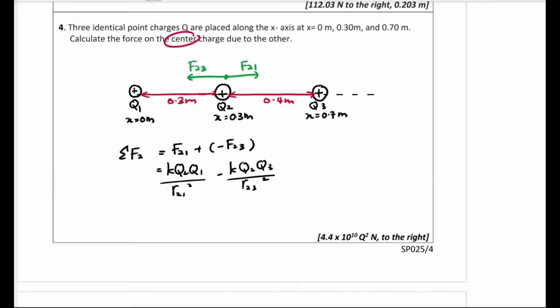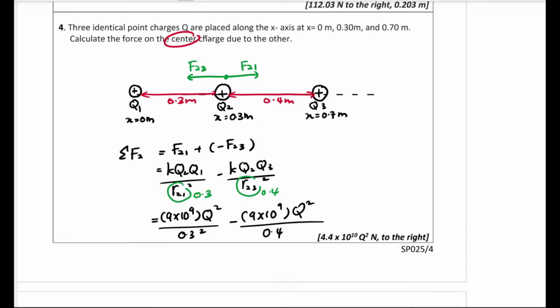Okay, so the distance R21, between 2 and 1, we already know is 0.3. Squared, don't forget. R23 is 0.4. Okay, substitute. Put in 9 exponent 9, Q2, we don't know Q2. Since it's the same Q, I just put Q squared over 0.3 squared minus 9 exponent 9 Q squared over 0.4 squared.